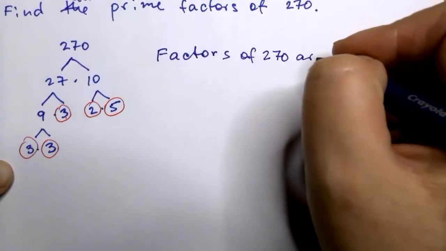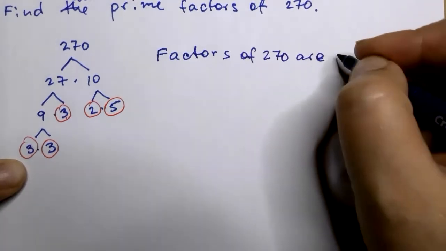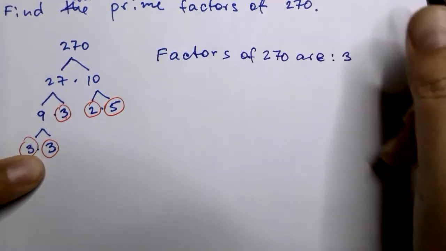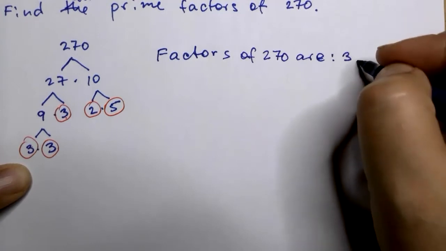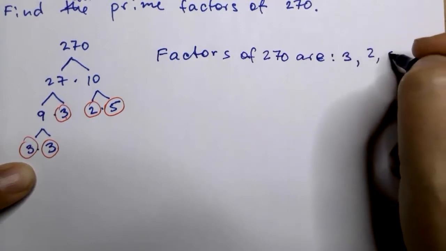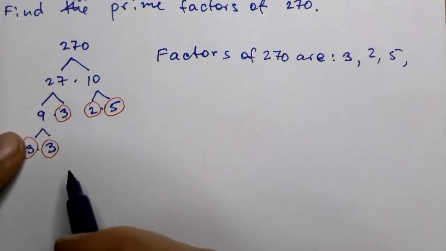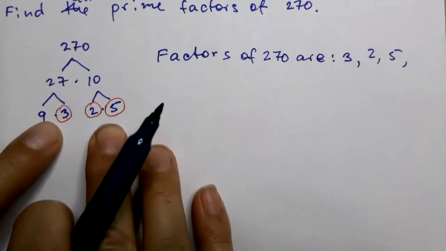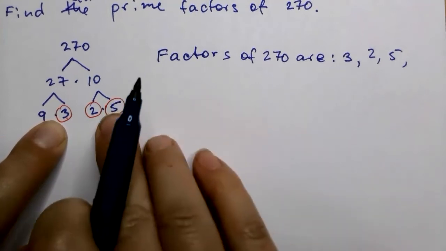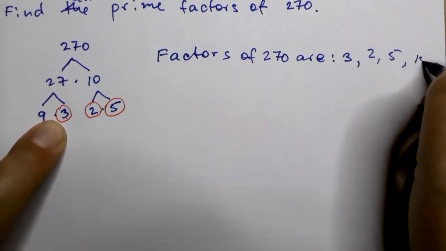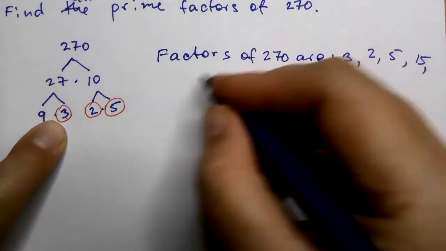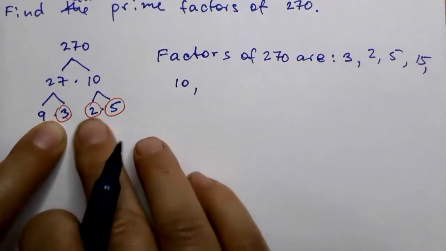If we just list factors of 270, it's divisible by 3, 2, 5, and actually any combination of these. So it's going to be divisible by 15, 3 times 5. It's also divisible by 10, 2 times 5.